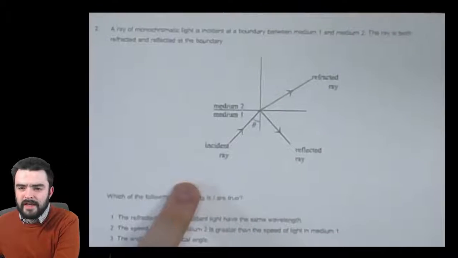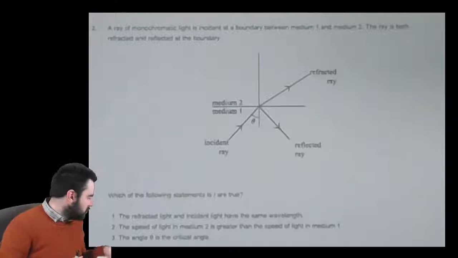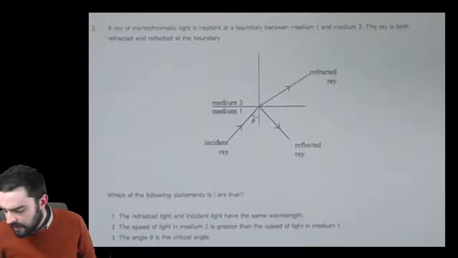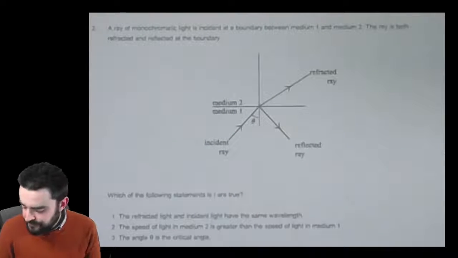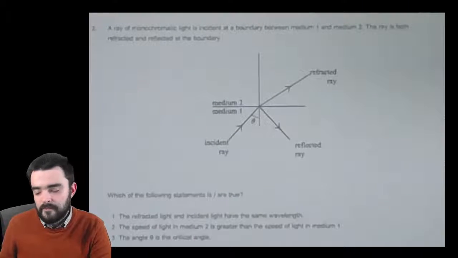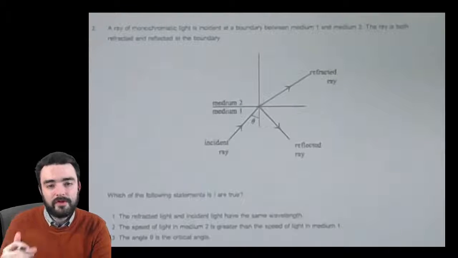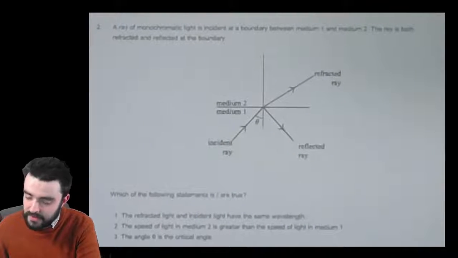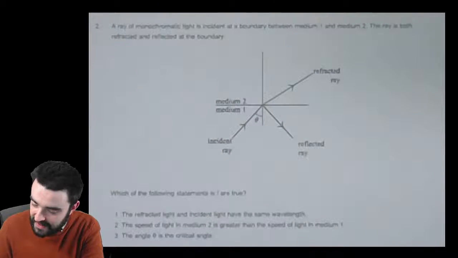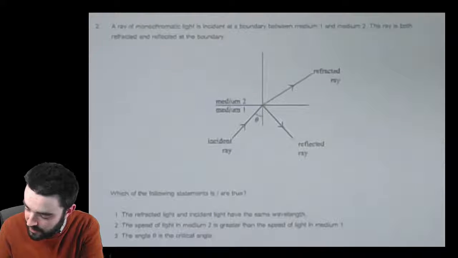Question 2 is one of the types of questions that can cause some confusion because they are, which of the following statements are true? These are a bit more complicated because you've got to read each of them to check what's going on. A ray of monochromatic light is incident at a boundary between medium 1 and medium 2.